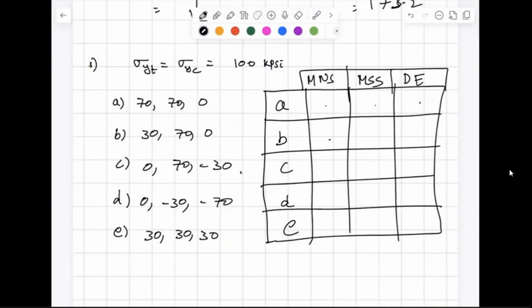Satish Kumar, so you got the results for the first, 70, 70, 0.